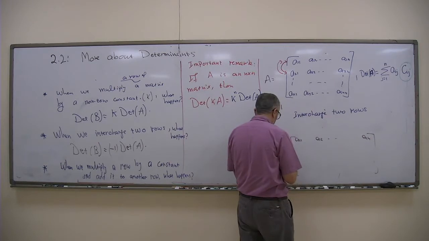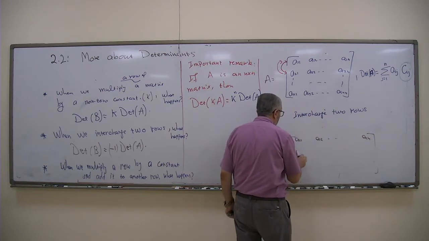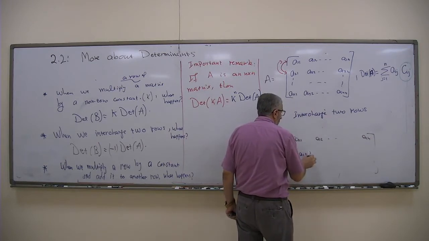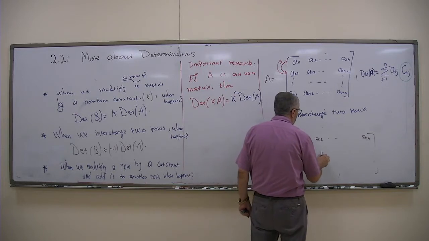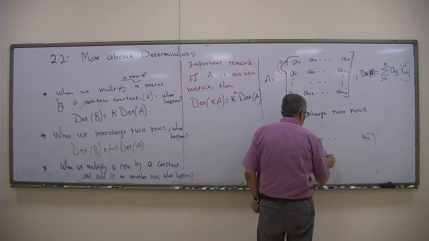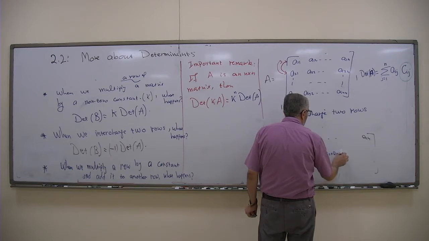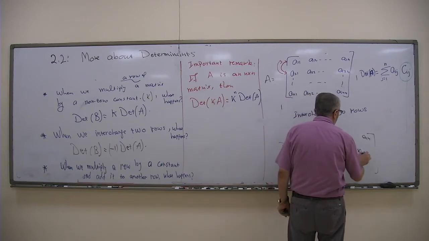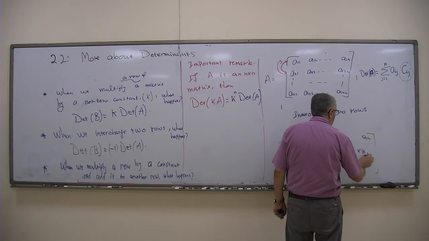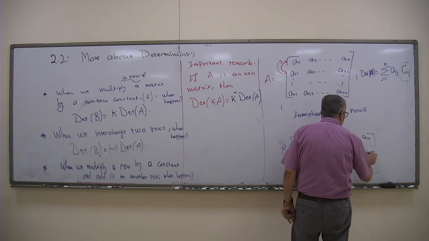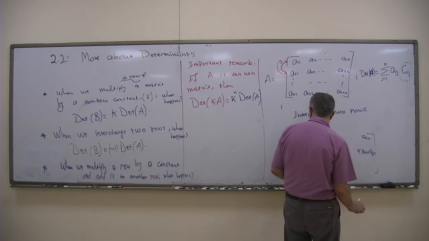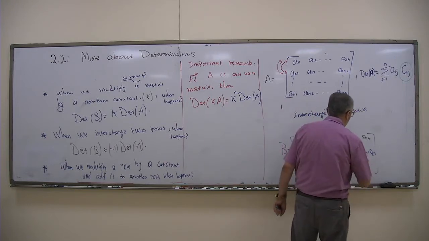We are multiplying that by constant k and adding that, let's say, to A21. Here, k A12, and add it to A22. And do the same thing here, k A1n, and here add it to A2n.